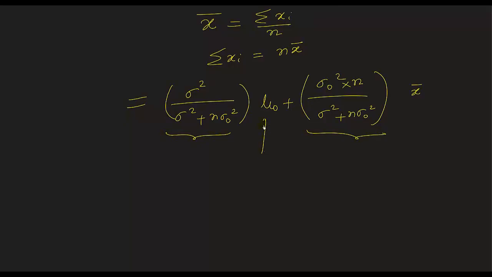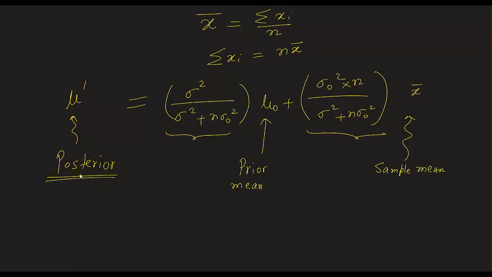And this is prior mean. And this is nothing but sample mean. And this side we have the mean of posterior, that is mu dash. So this is my posterior mean.